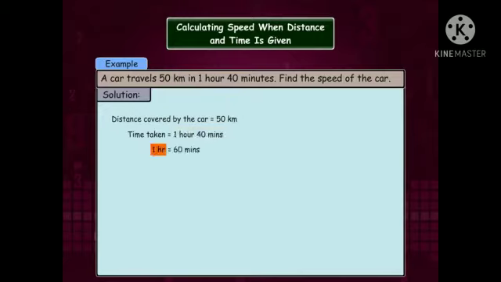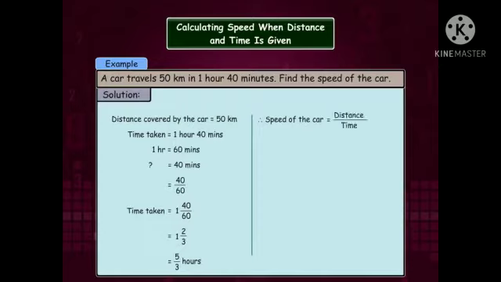We know that 1 hour is equal to 60 minutes. How many hours is equal to 40 minutes? Which is equal to 40 by 60. Time taken is equal to 1 and 40 by 60. If you simplify, 1 2 by 3, which is equal to 5 by 3 hours.